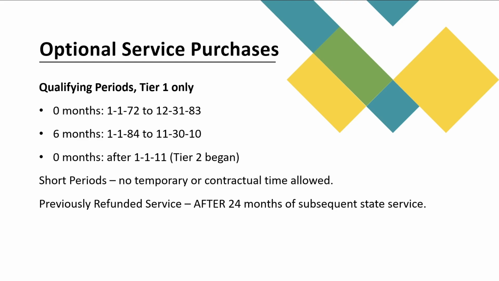One of the most common ones for Tier 1 members is a qualifying period, and here you'll see when they were enacted. Short periods are another one. It's just a shorter version of a qualifying period. And again, any previously refunded service credit, but that only becomes available to purchase and reestablish after you've resatisfied 24 months of service credit within any of the retirement systems.